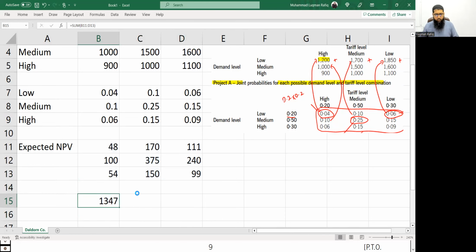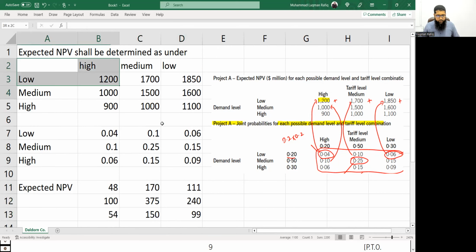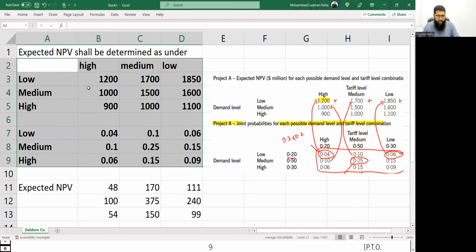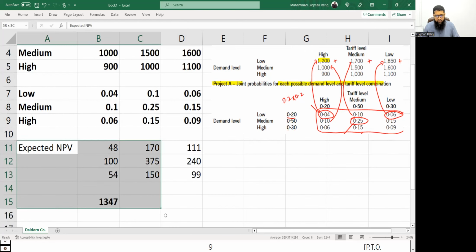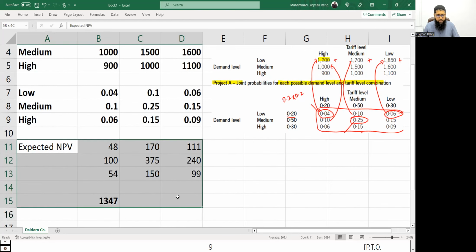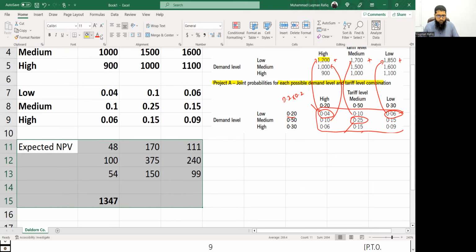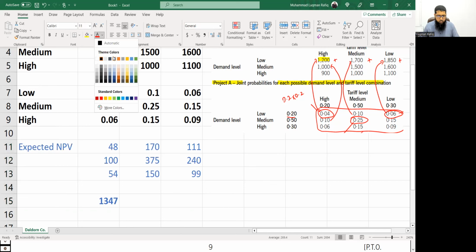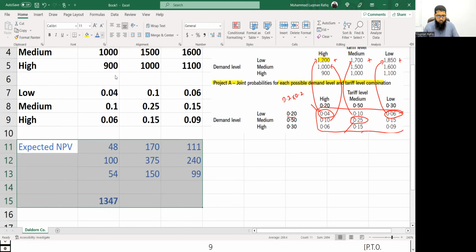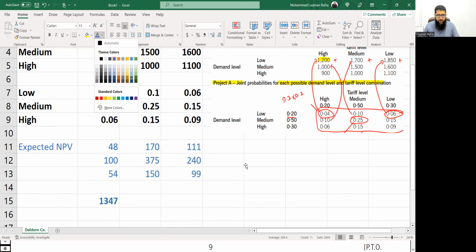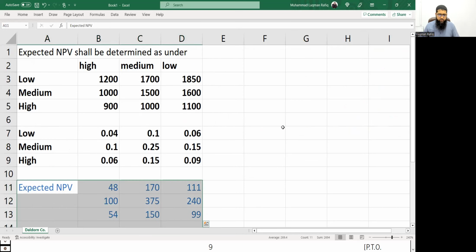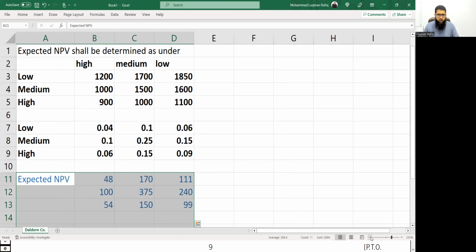This is going to be the sum, 1347, right? So this is all the question area, and this is all the area which is about the answer.